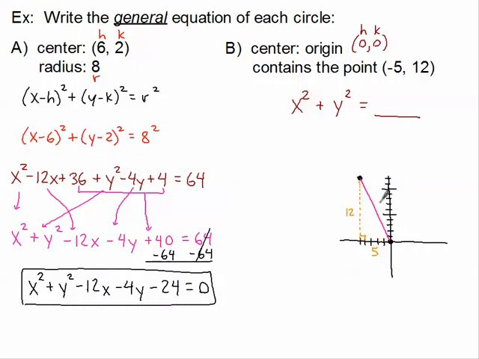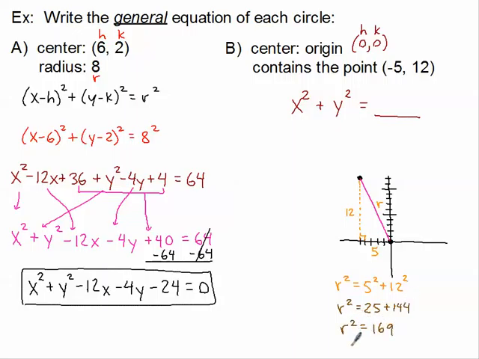So if I'm looking for this missing distance, and I'm going to call it r, I know the relationship is that r squared is equal to 5 squared plus 12 squared. And since I'm looking for r squared to plug into my formula, or into my general form, this will be great if I can solve this equation. R squared is equal to 25 plus 144, and r squared is now equal to 169.